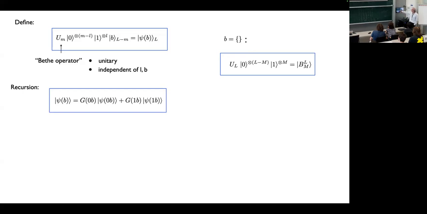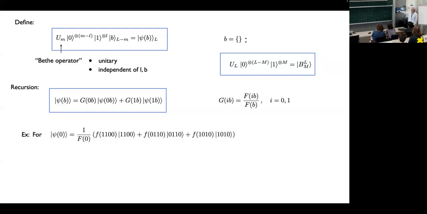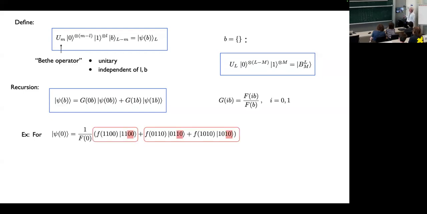And the recursion is very simple. It just says that if it ends in B, then it must end in either 0B or 1B. Kind of obvious. And G here are just a ratio of these F's. So for example, in the previous slide, I showed you that for this B42, I had this 0 tail.